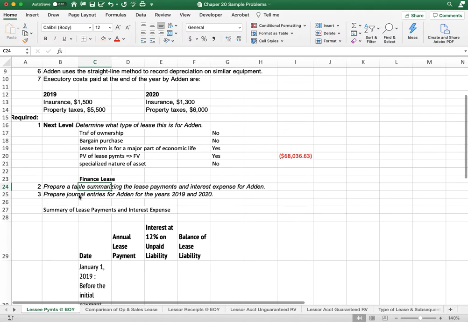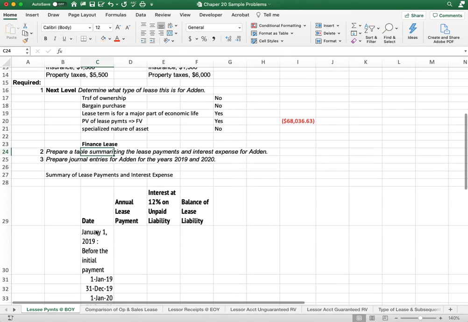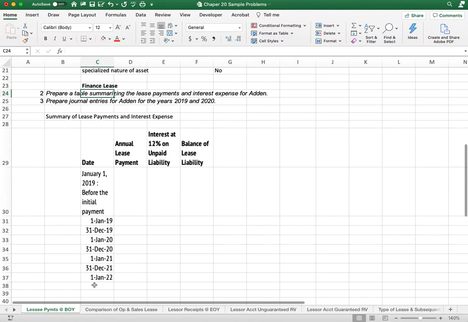Then it wants us to prepare a table summarizing the lease payments and then the journal entries. And so the system gives us this kind of format of how they want to see the table of the lease payments. And so we can go ahead and fill this in. We're starting with January 1st, 2019, before the initial payment.